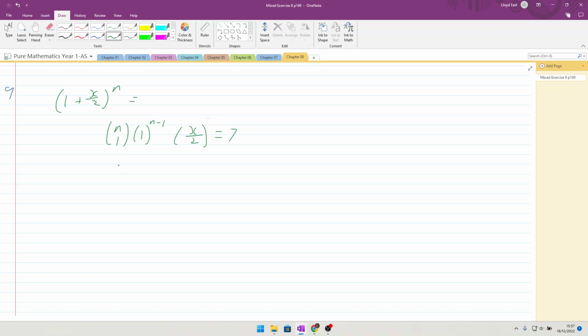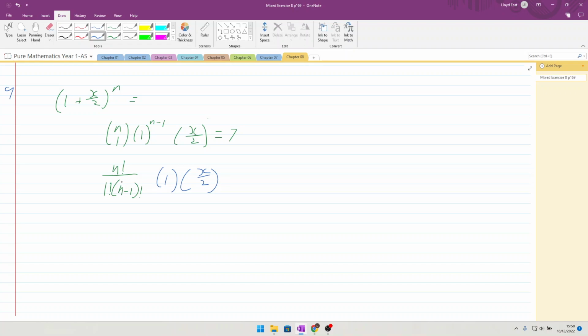Now, we can't do the nC1 on the calculator like this, so we have to do n factorial over r factorial and (n minus r) factorial, multiplied by 1, and multiplied by x over 2.